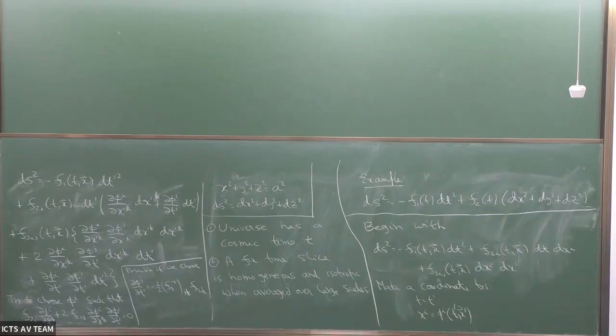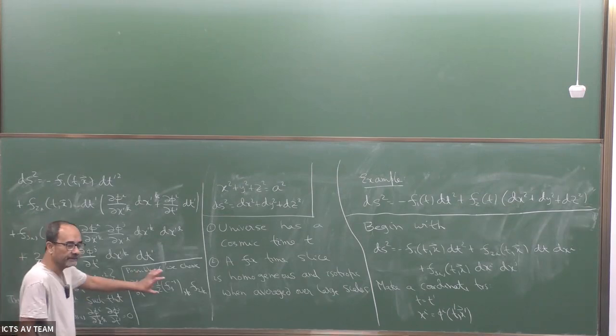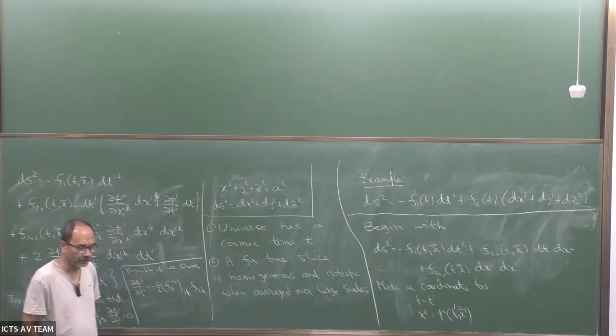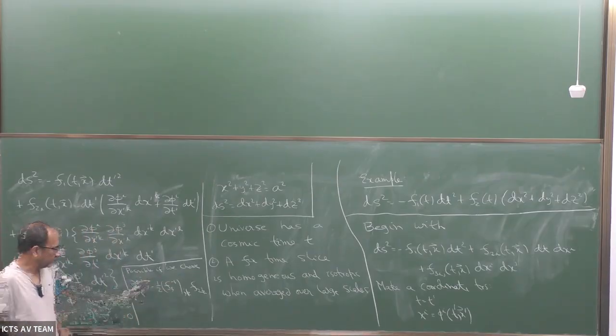Is this clear? The only danger here is if F3 is singular. That's a very special case, you have not considered this. If F3 is singular, you have to do more work. But let's assume that F3 is not singular, and then you can do this.